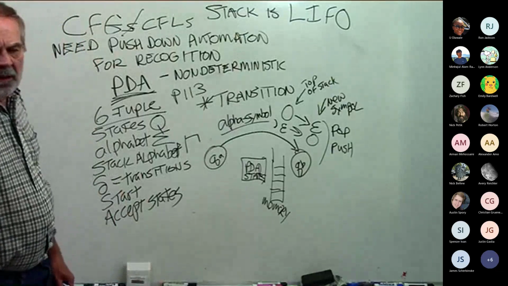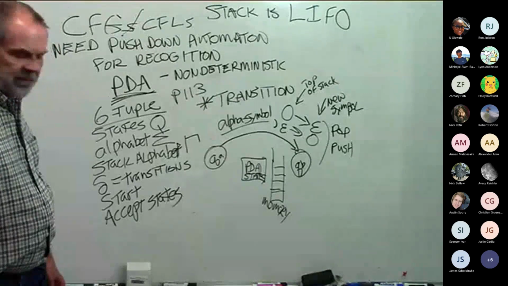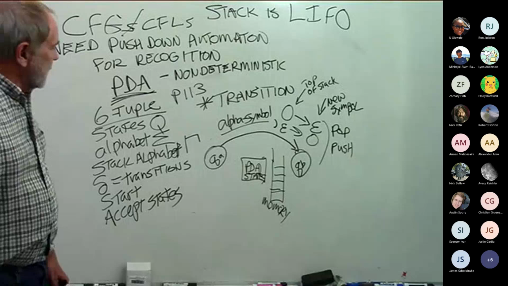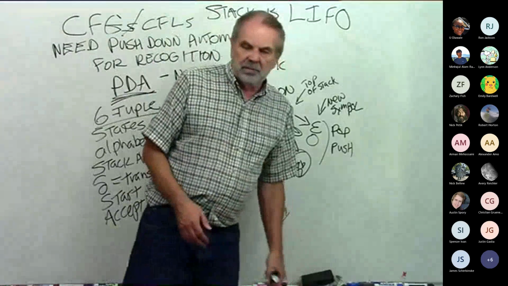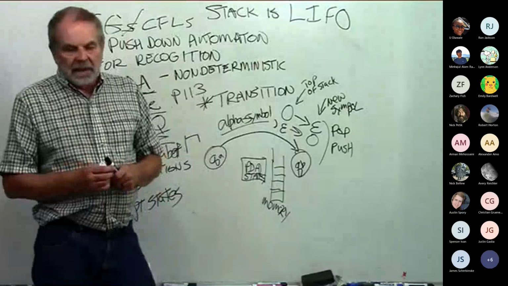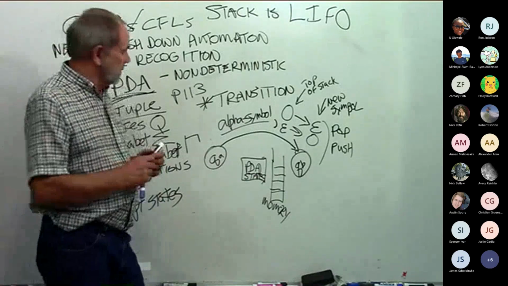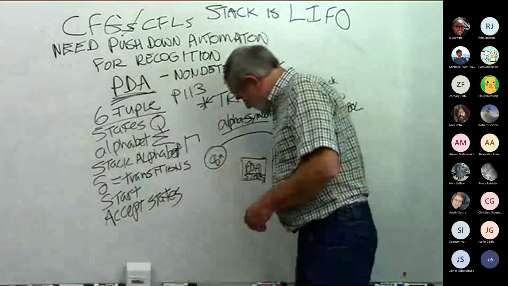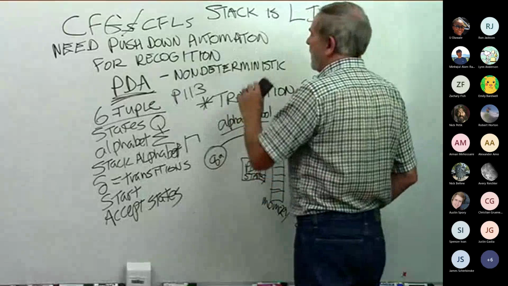You should read ahead between pages 112 and 115 to get the understanding of how the pushdown automaton works. It is different in that there are 3 conditions for acceptance, and we'll finish with that.